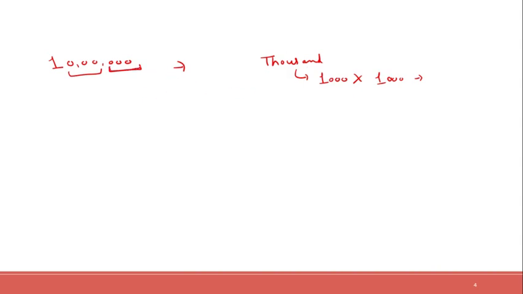It is just a split of this number. It is 10 lakh here. We can also write it as 10 into 1 lakh, or we can write it as 10 into 100 into 1000. Now here three zeros, then two zeros, then one zero. Together six zeros, the same as we have in 10 lakh. So the value of this is also 10 lakh.